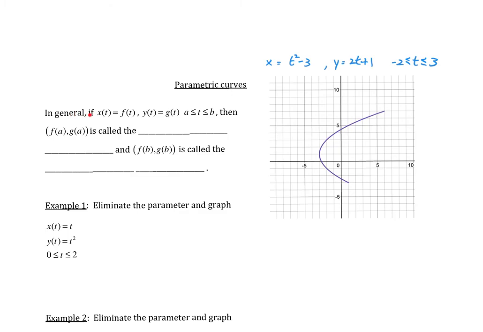Okay, so in general, if you have your x of t is f of t and your y of t is g of t, and t is ranging from a to b, then when you plug in an a, which is the smaller value of t, we call that the initial point.